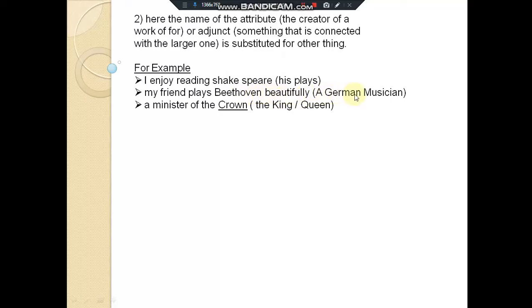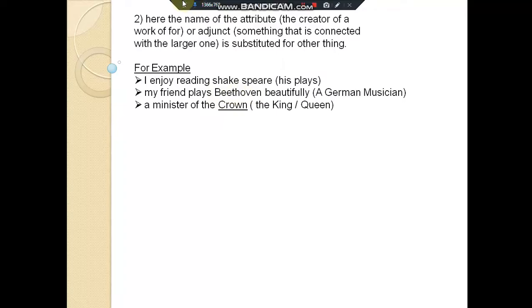Beethoven is a German musician, and obviously you are not talking about this Beethoven. You are talking about his music that is played by your friend. So Beethoven is the creator, but this is an example of metonymy. That means you are interested in playing Beethoven's music.